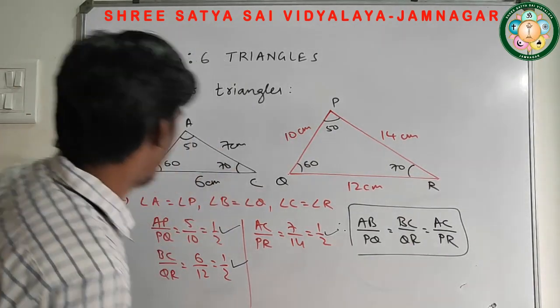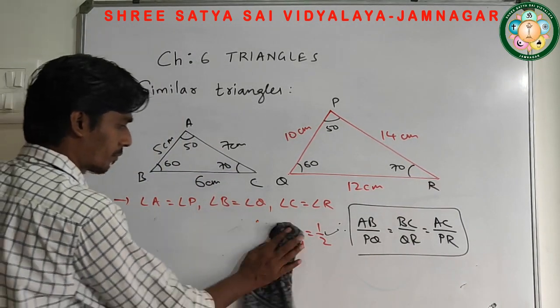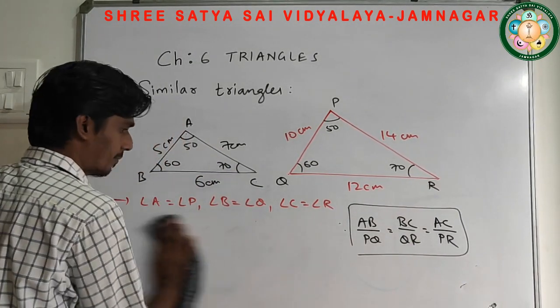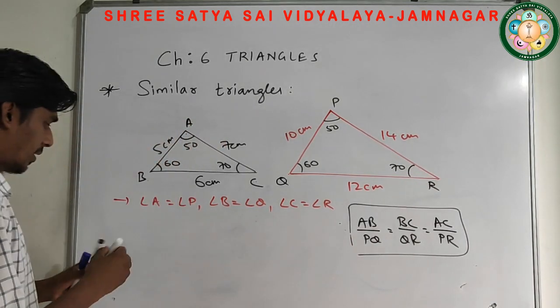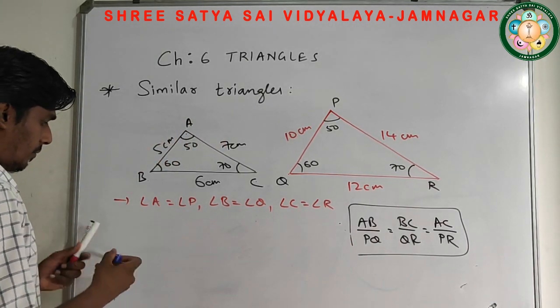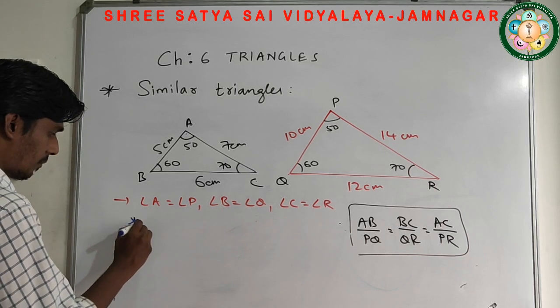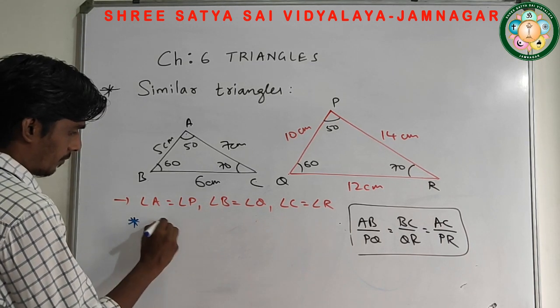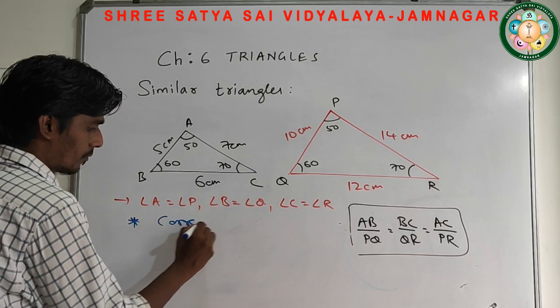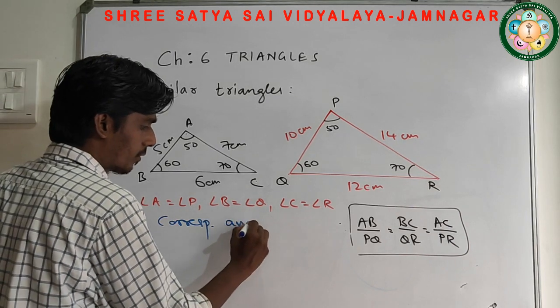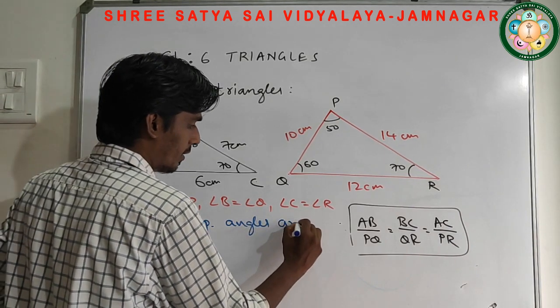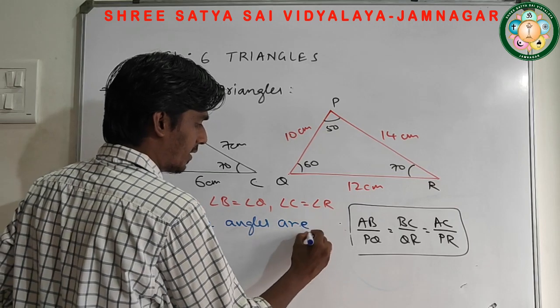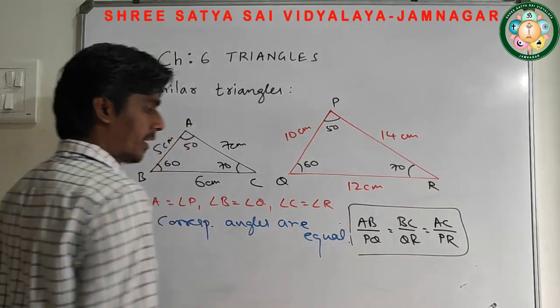For this, what are we going to write for both the conditions? For similar triangles, first, corresponding angles are equal.